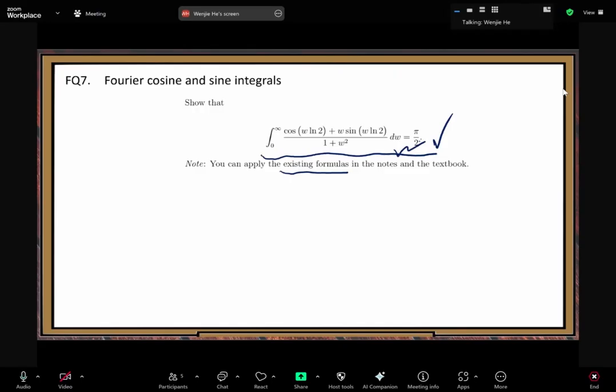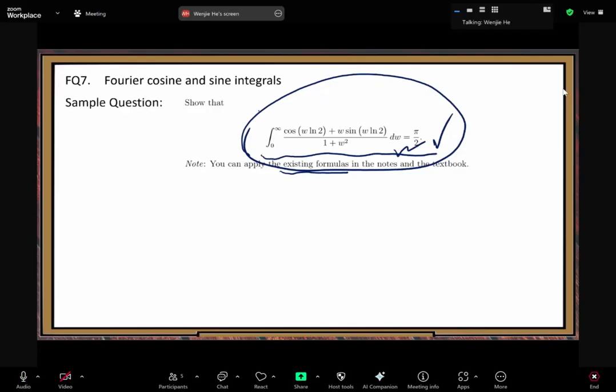So calculate the Fourier cosine or sine integrals first, then derive that. I will give you this identity and you need to prove it. So that's question number 7.